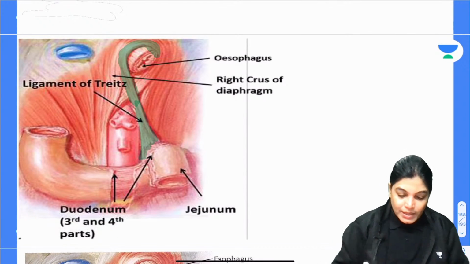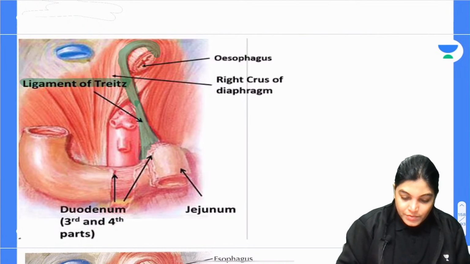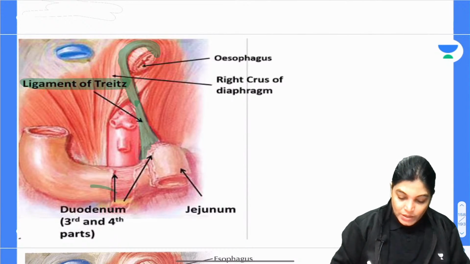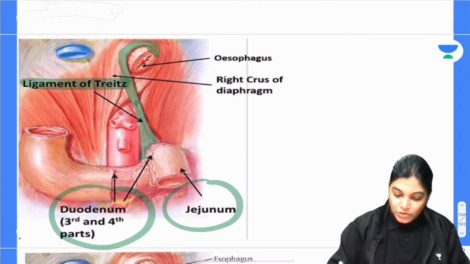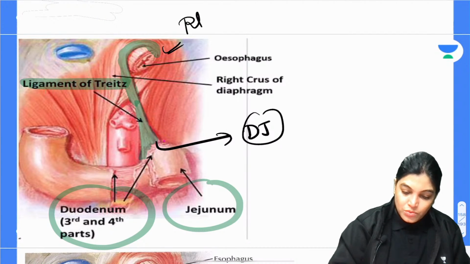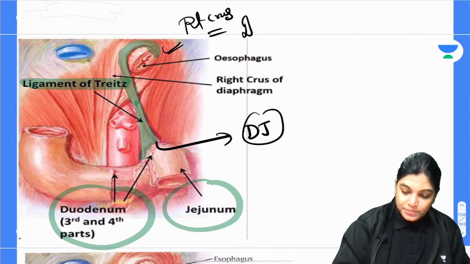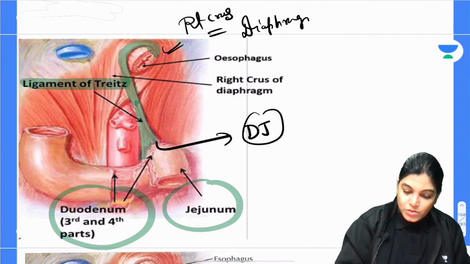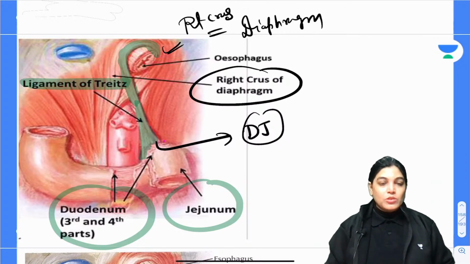Lower down it is attached at the junction of duodenum, DJ junction, and upper down it is attached to the right crus of the diaphragm, which is shown here in the diagram also.